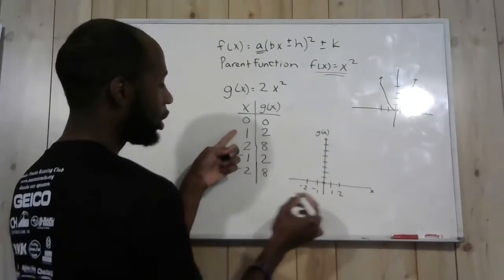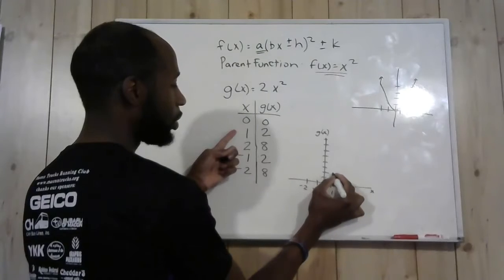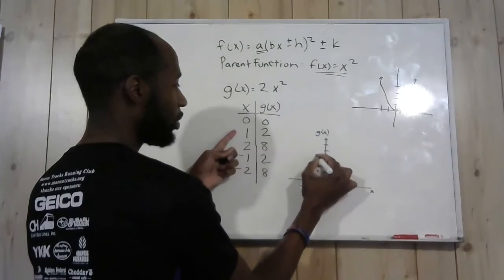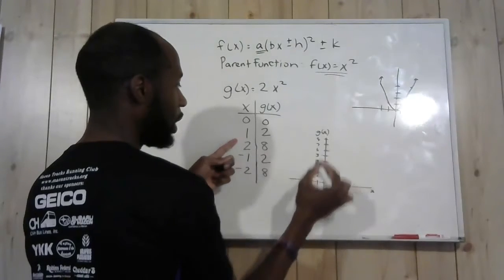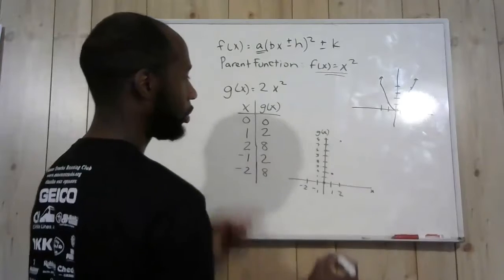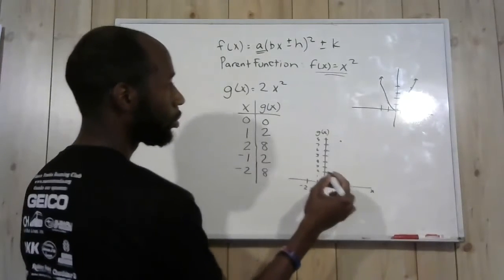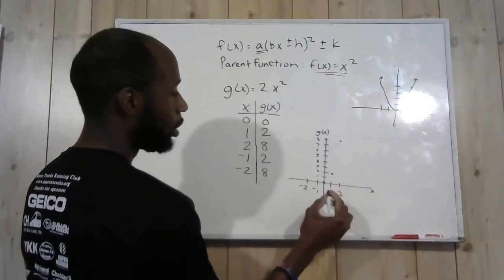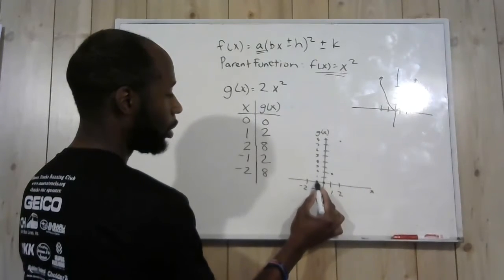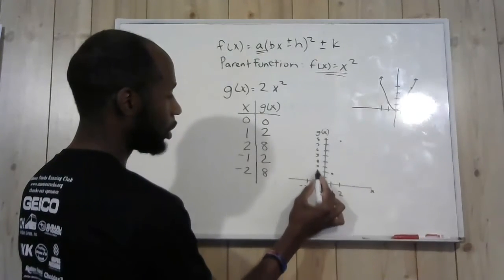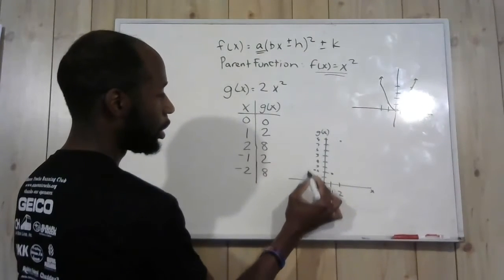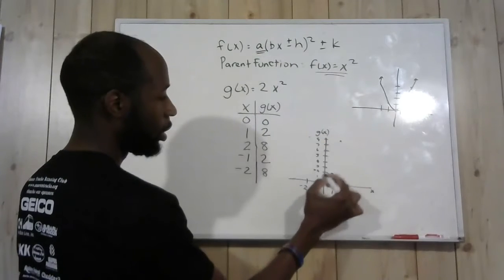At 1, g of x is equal to 2. At 2, g of x is equal to 8. And then here, at negative 1 is equal to 2, and at negative 2 is equal to 8. So here we go.